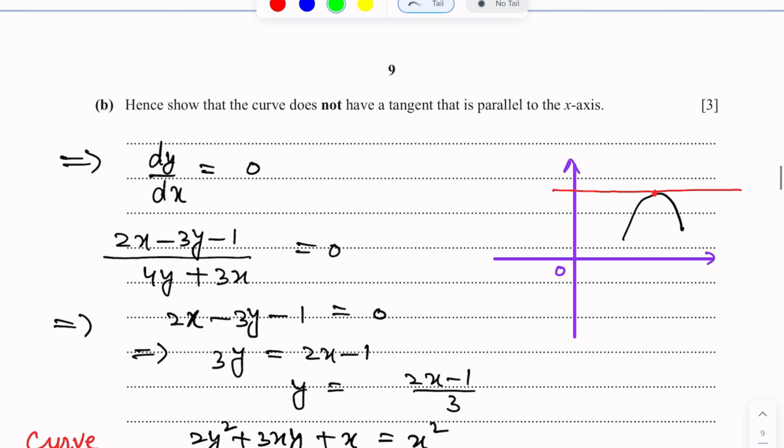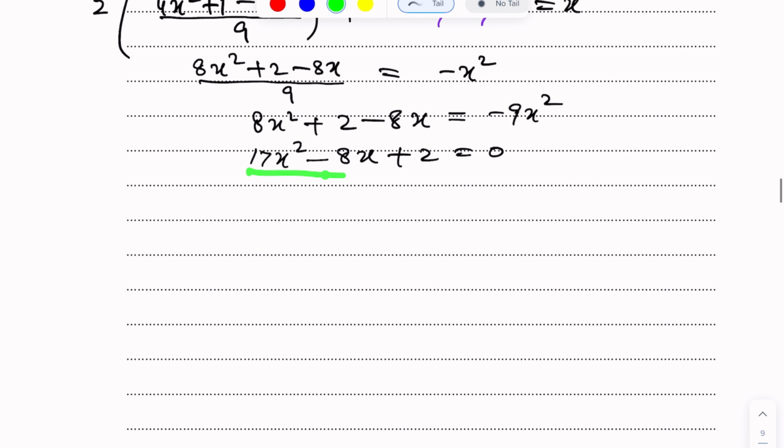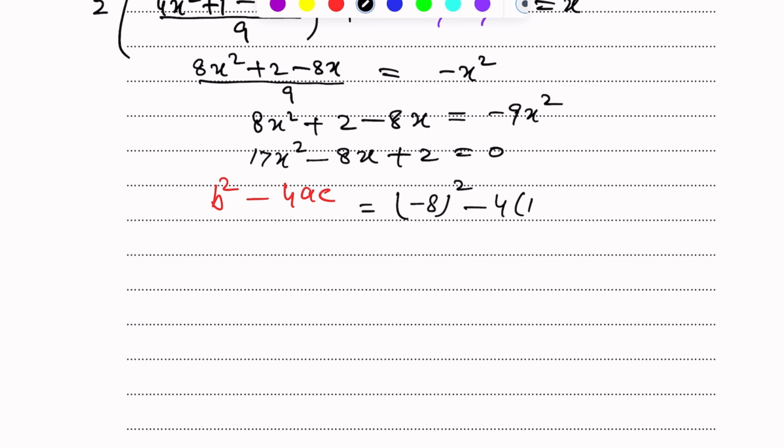So from this quadratic equation, we will find the discriminant, b square minus 4ac, that is minus 8 square minus 4 into 17 into 2. Simplifying, 64 minus 136, we get a negative value, that is negative 72.